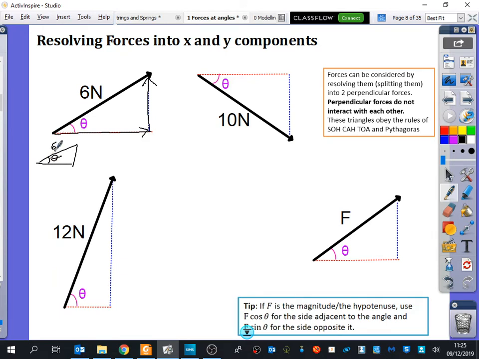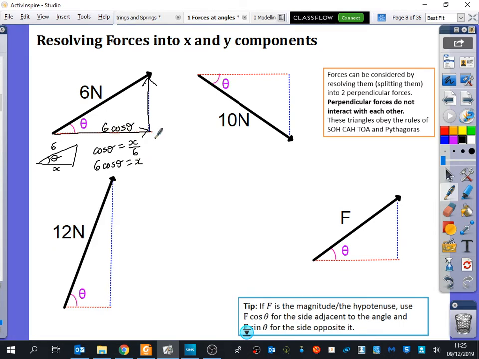This is 6. If I was going to try and find this one that's running along the bottom, what's the trig ratio that relates these things together? Yeah, it's cosine, because cosine theta is the adjacent over the hypotenuse. So when you multiply up, you get 6 cosine theta is x. So this one running along the bottom is 6 cos theta.